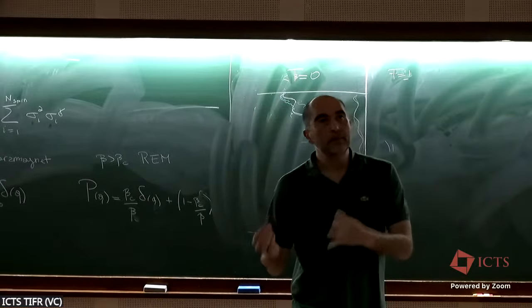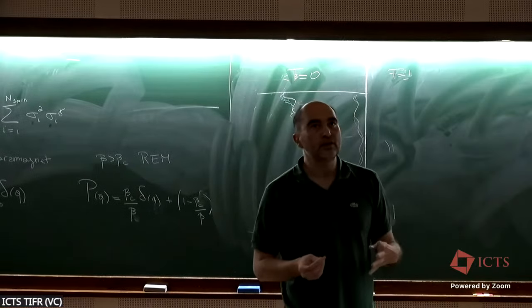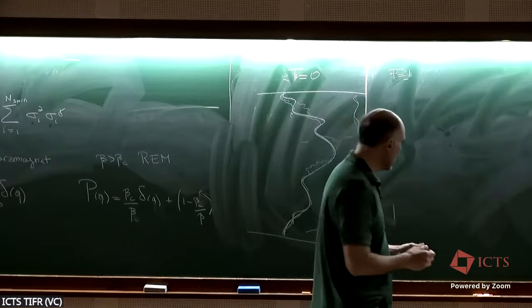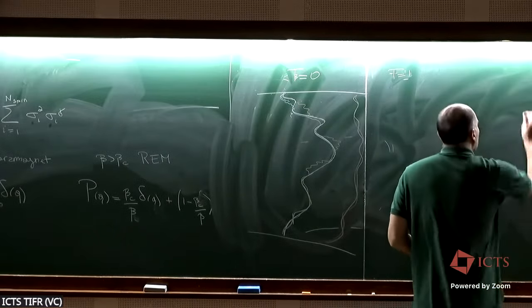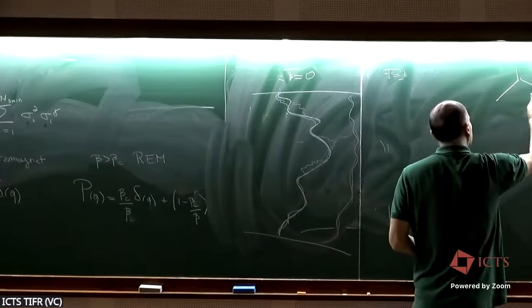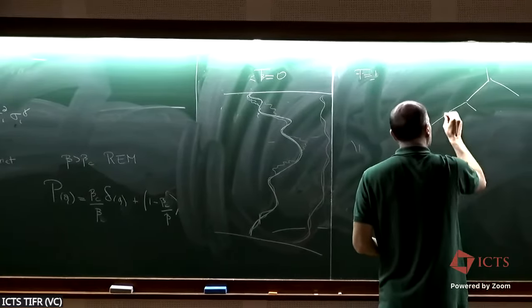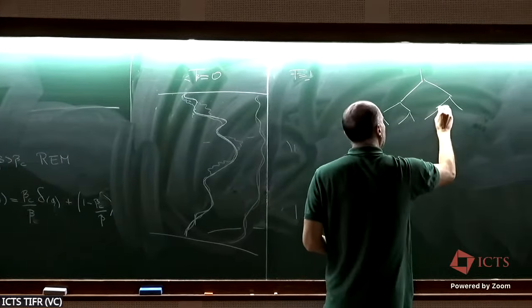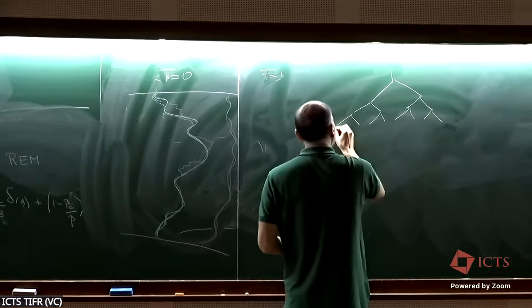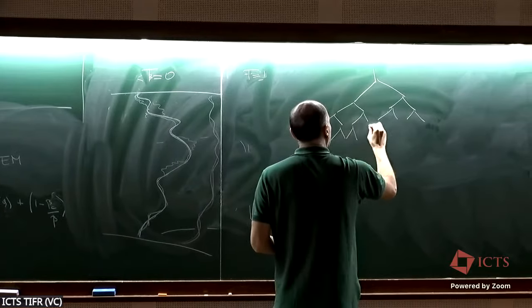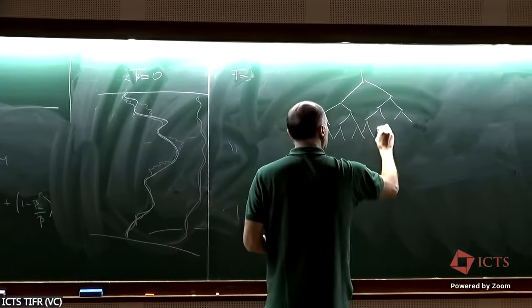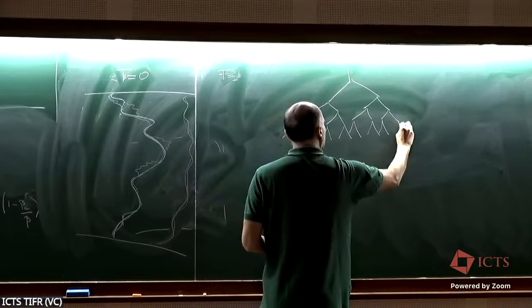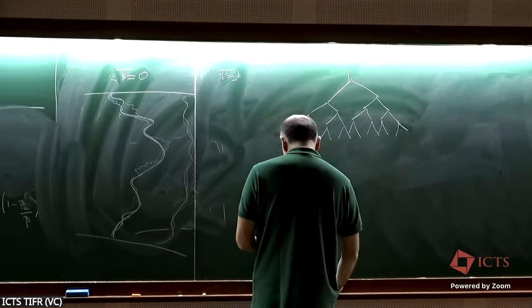In a mean-field glassy system, it's more tricky. Just to give you an example, if you use the Cayley tree, then imagine the ground state is this one.